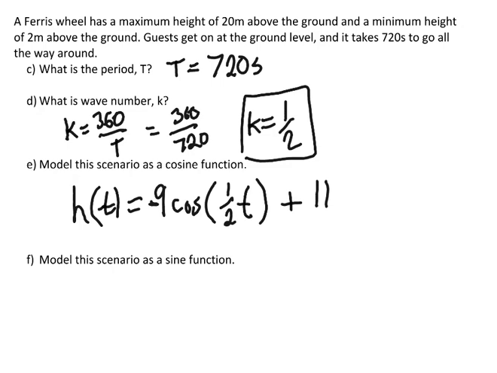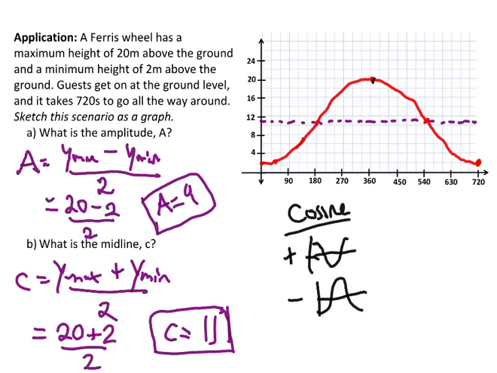If we want to model it as a sine function, then I'm going to need a phase shift. So to figure out the phase shift, what I like to do is draw on the analogous sine function. A sine function starts at equilibrium and ends at equilibrium and hits equilibrium in the middle. Halfway in between those two equilibrium points, it hits a max, and halfway in between these ones, it hits the min.